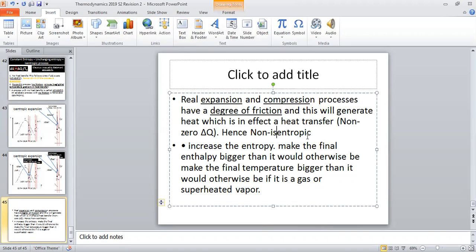So then non-isentropic means entropy rises or increases.